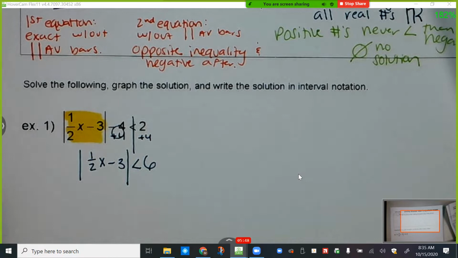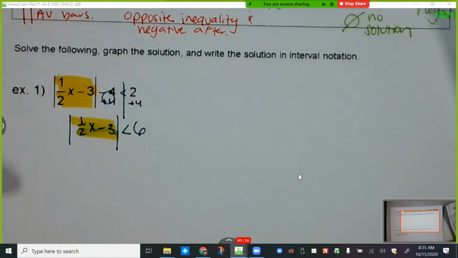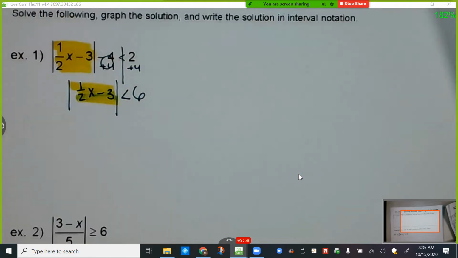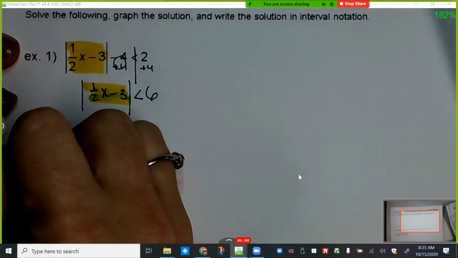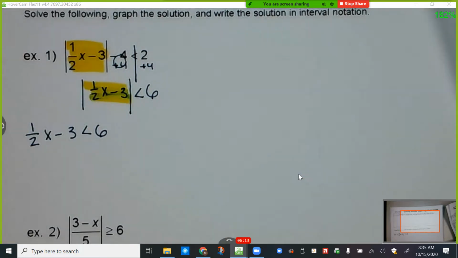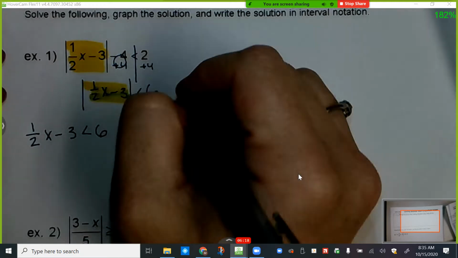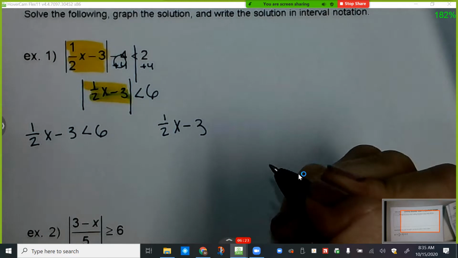Now, is what's inside my absolute value bars alone? Yes. So what do we do after we get our absolute value alone? Who remembers step 2? We need to write our 2 equations. My first one, remember we write it exact: 1/2 x minus 3 is less than 6. And our second one is 1/2 x minus 3, with the opposite inequality.